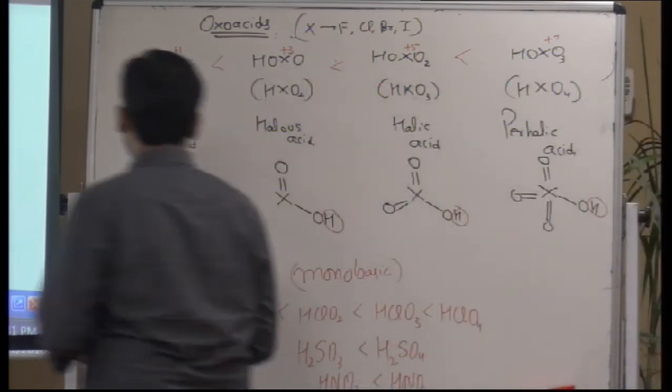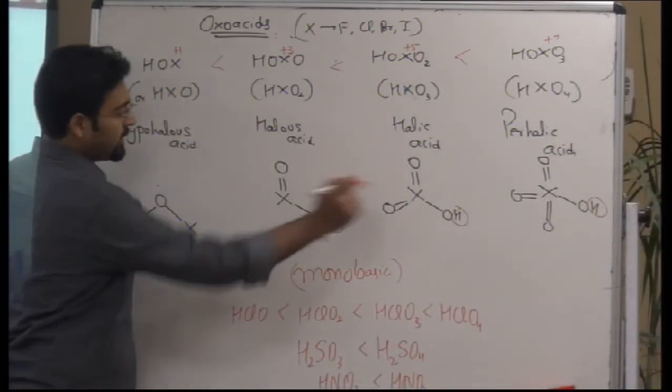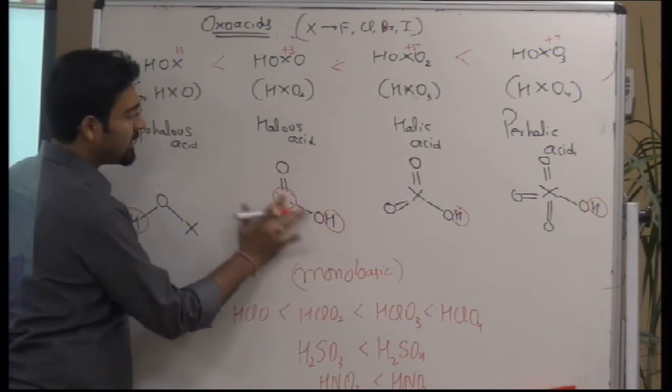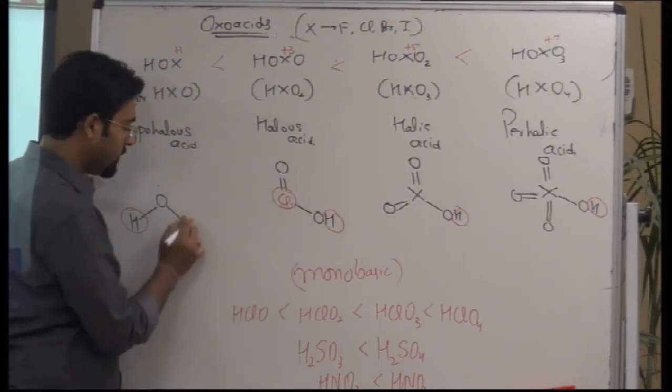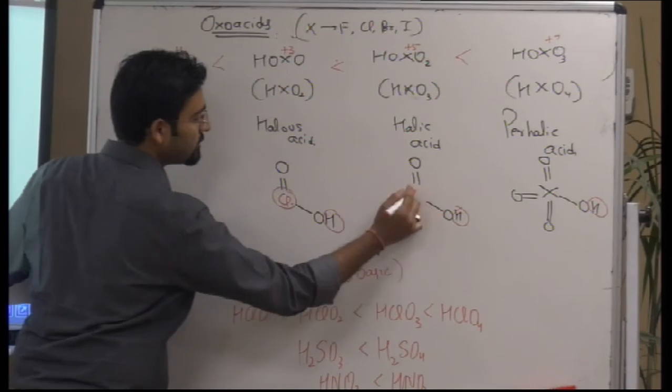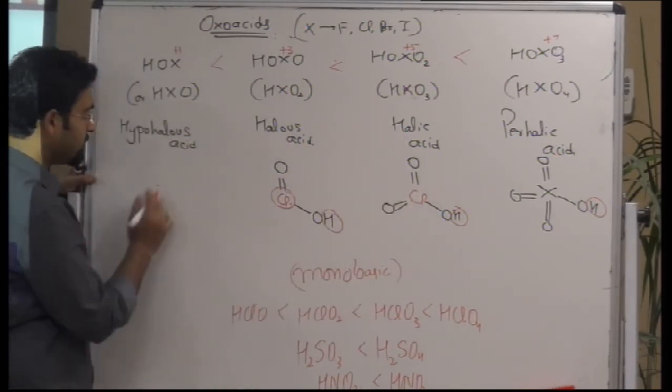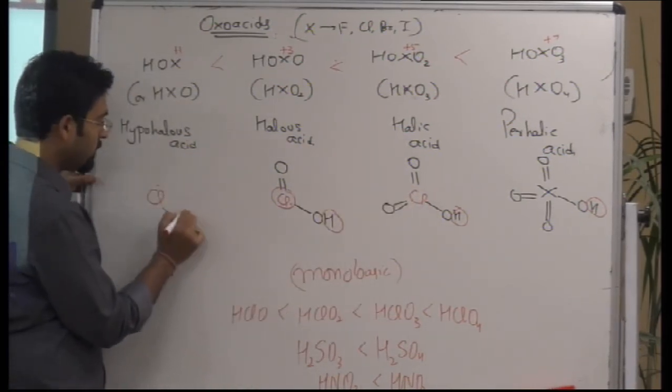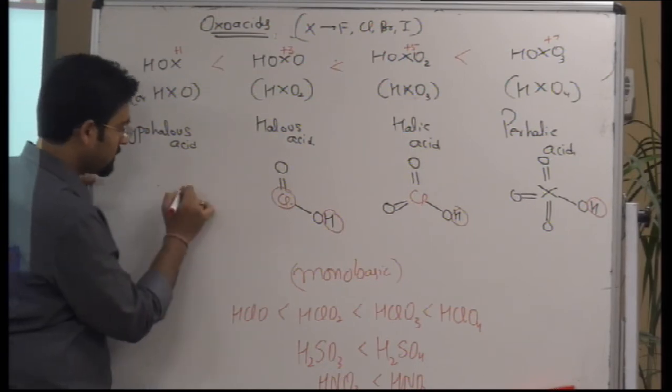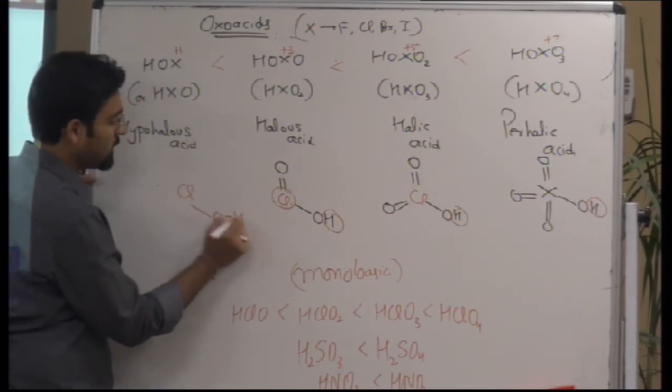The reason behind it is very simple. See, the halogen there, let's just assume this halogen to be chlorine in all the cases. So I'm just redrawing this structure. So this is chlorine, oxygen, and hydrogen. Okay?